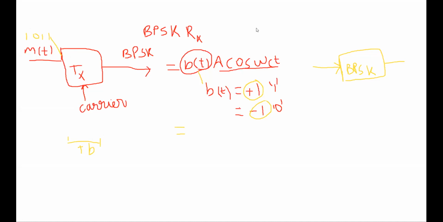In this bit interval tb, when the modulating input is logic 1, this BPSK signal will be positive. When the input is logic 0, the BPSK signal is negative in that given bit interval.